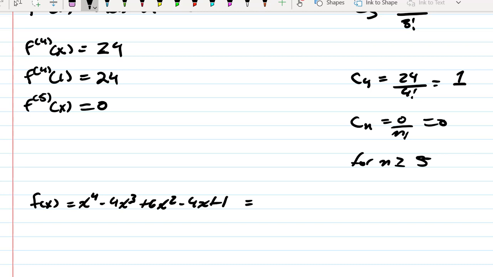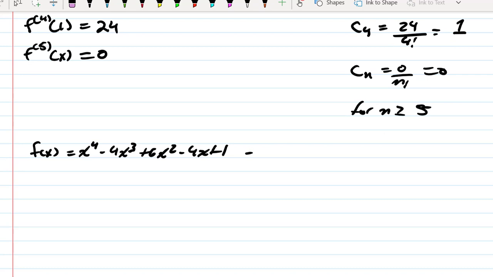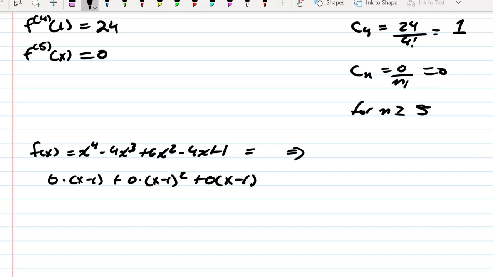Well, this is equal to 0 times x minus 1 plus 0 times x minus 1 squared plus 0 times x minus 1 cubed plus 1 times x minus 1 to the fourth plus 0 times x minus 1 to the fifth.